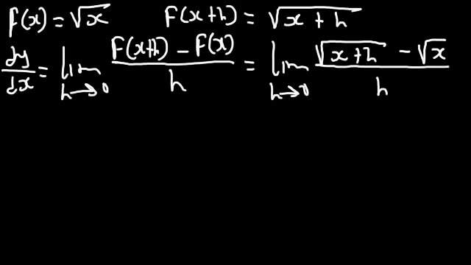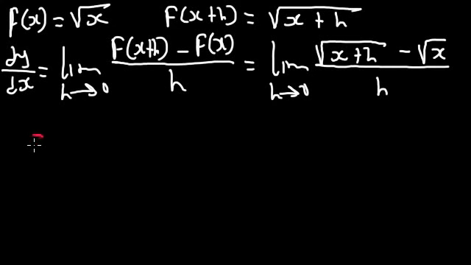Now what do you think we can do at this point? Well, we can actually rationalize. Okay, now you need to know that we don't just rationalize the denominator alone. We can always rationalize the numerator as well, as long as that is what will work best for us. Okay, we can always do that.